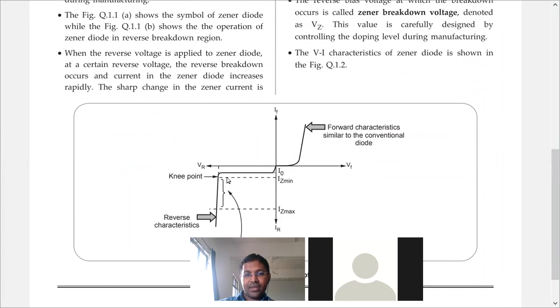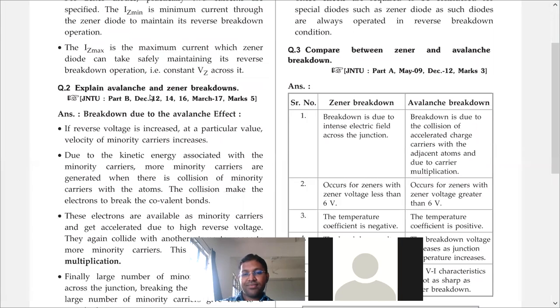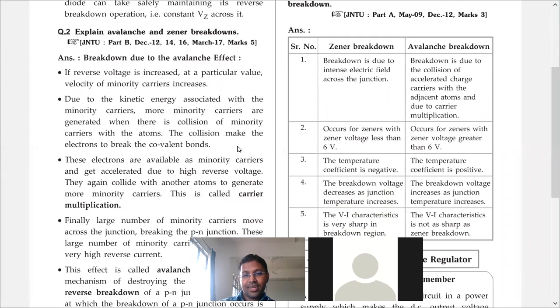For example, at room temperature the breakdown is happening here. If temperature is increased, the breakdown will happen at a lower voltage. That is the meaning of negative temperature coefficient.